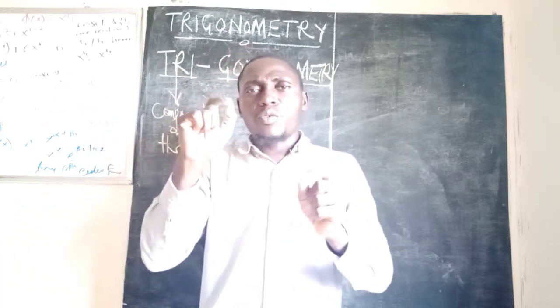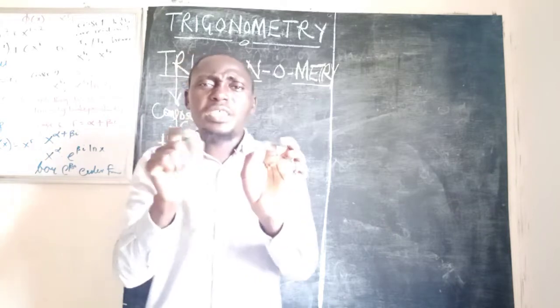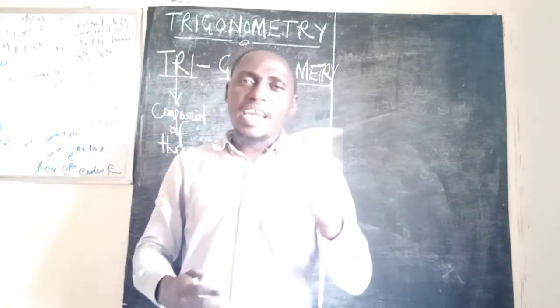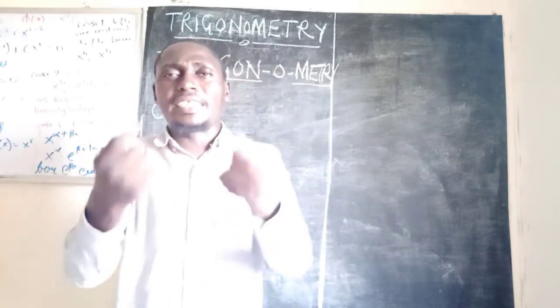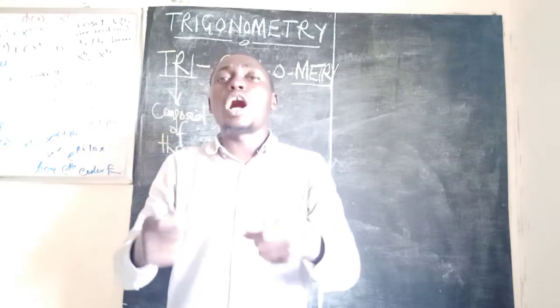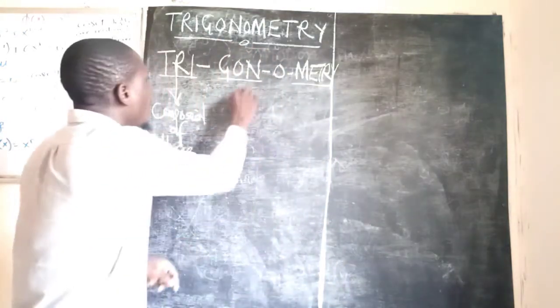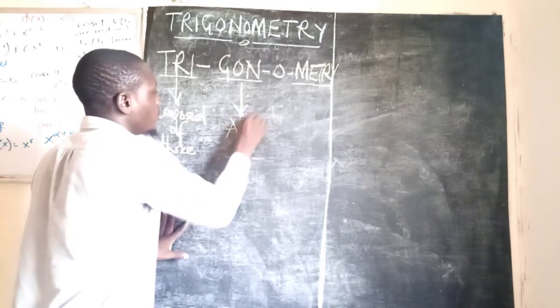Now, have we ever thought about the meaning of the gon in pentagon, hexagon, heptagon, and the likes? The gon there is an old Greek word that means an angle. Gon is related to the term angle.